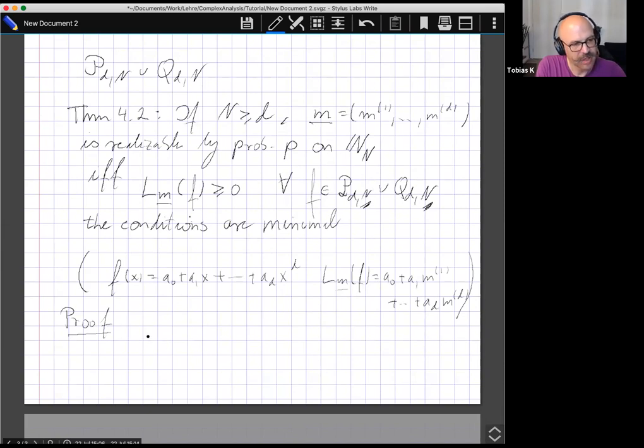Recall that if I look at the k-th moment of the measure where the probability is concentrated at l, it is l to the k.